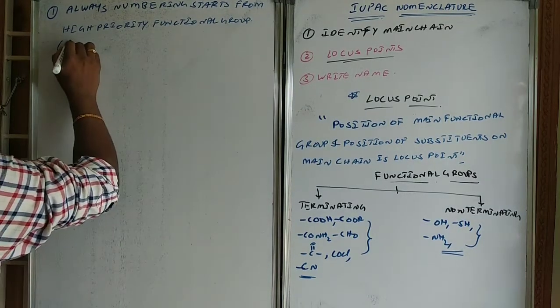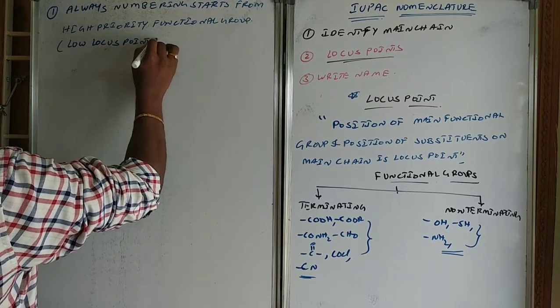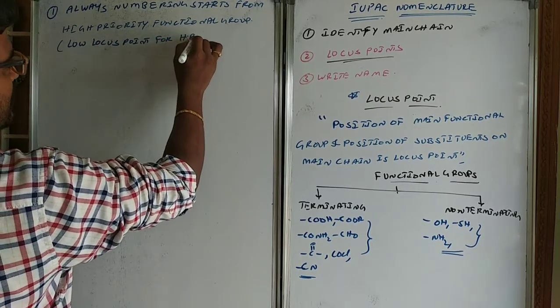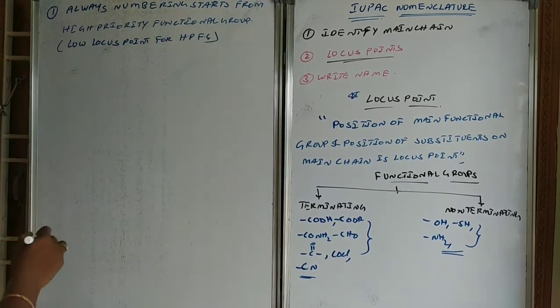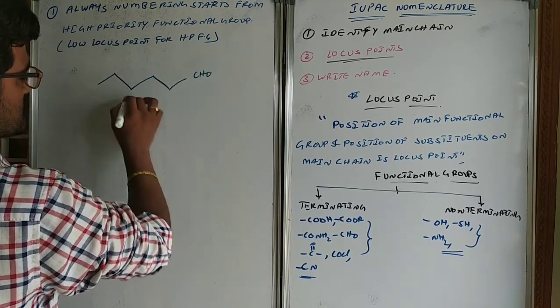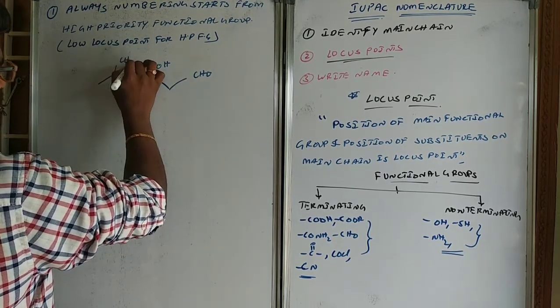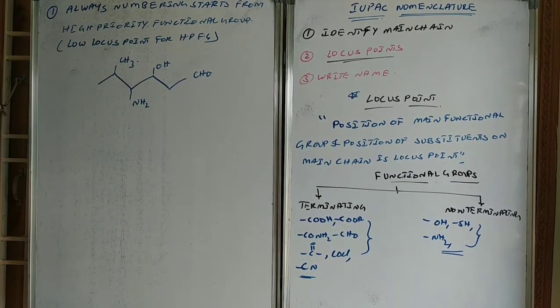Or, low locus point for the high priority functional group. Let us take for example CHO, NH2, OH and CH3.